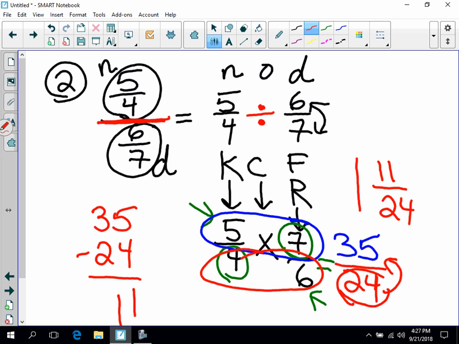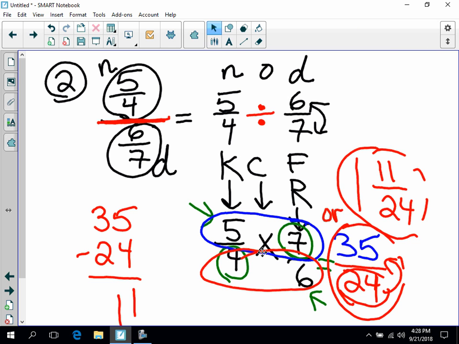You keep it as 24. So you can either answer with the improper fraction, 35/24, or you could write down the mixed number, 1 and 11/24. Both of those are equivalent numbers.